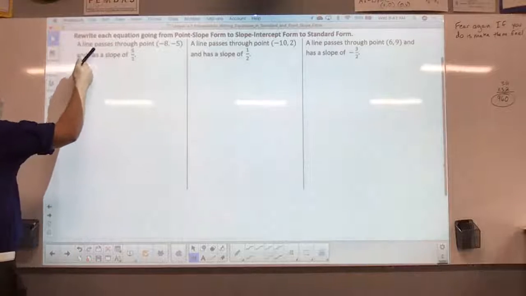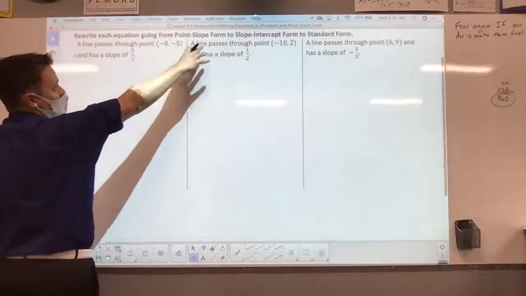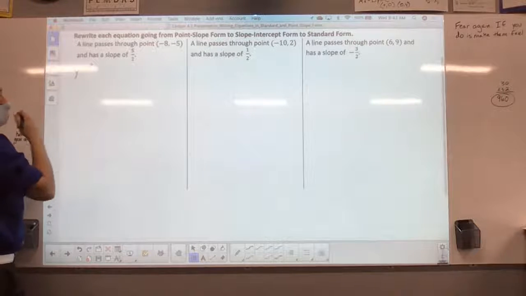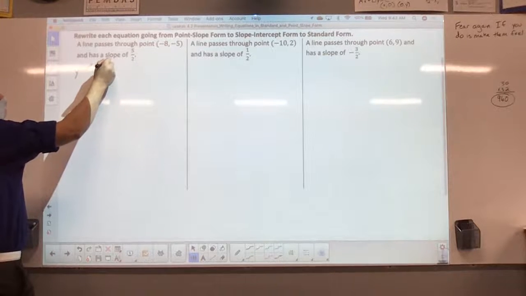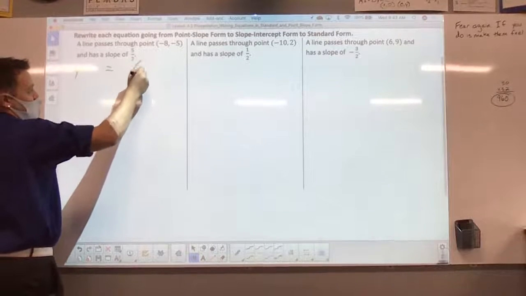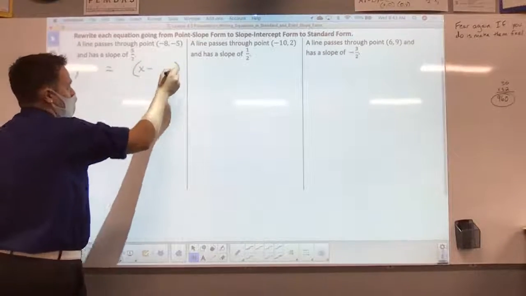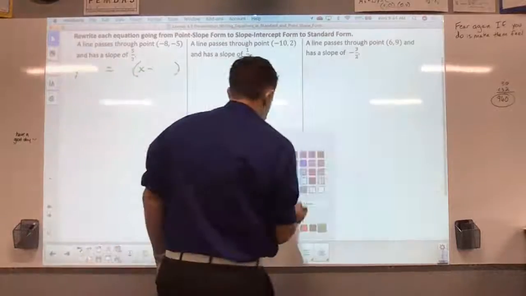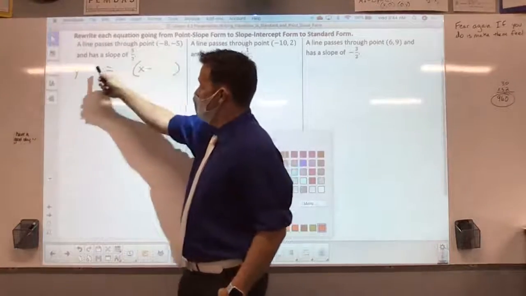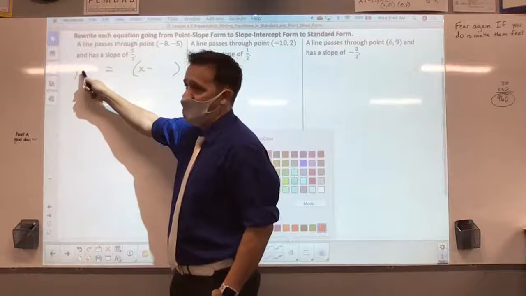Okay, so we're going to start with point slope form. That's the easiest one, where it's y minus, right? And then you do the equal sign, leave yourself a space, and then it's x minus, right? And then we have this at the end. Remember, as you plug in the points, if I put a -5 in here, what does that do to this sign?